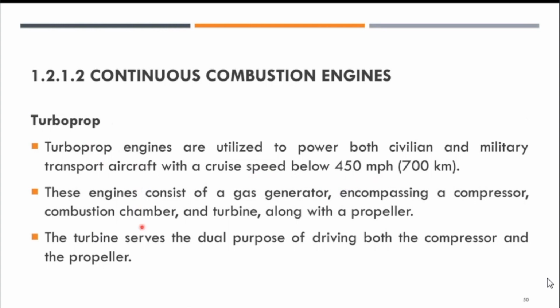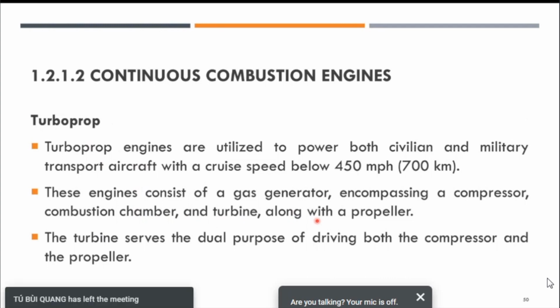This type of engine, the turboprop engine, consists of a gas generator. It also encompasses a compressor, a combustion chamber and a turbine, along with a propeller. So imagine an engine which has a propeller in front. That is a turboprop engine.